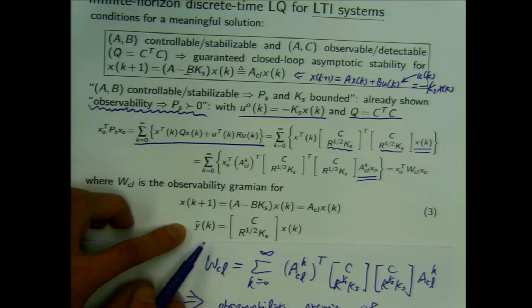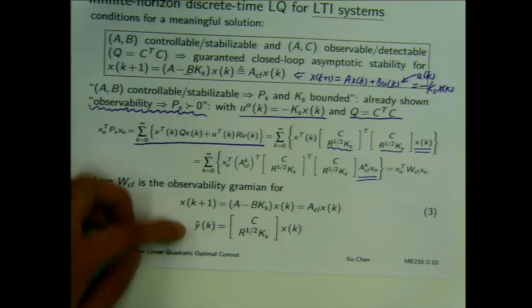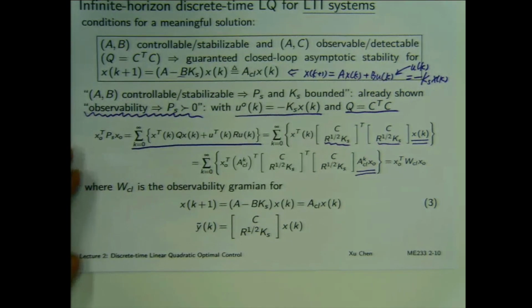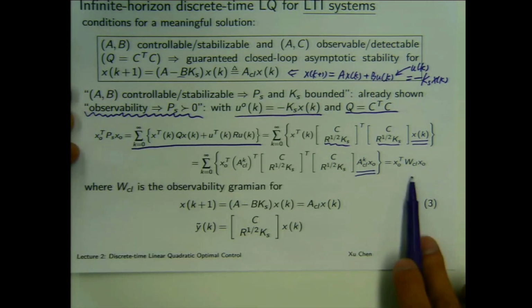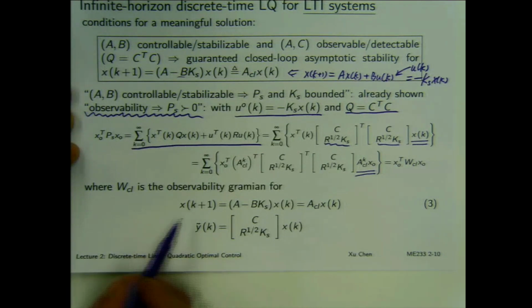All right? That is something very interesting. So we have translated the performance index relating to the observability gramian of some new, this is the closed loop, new closed loop system.